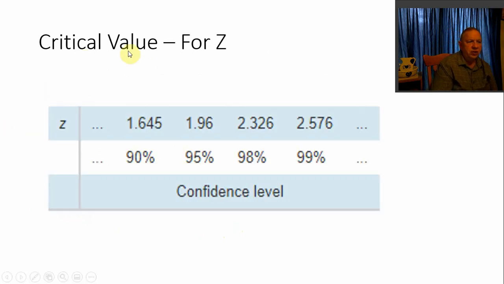Critical values for C, so here are the critical values. This one table kind of fixes it up for us. 90%, that would be alpha 0.10. The z alpha over 2 would be the 0.05. And if I went and found 0.05 area in table A.2, I would see 1.645 for the z score.